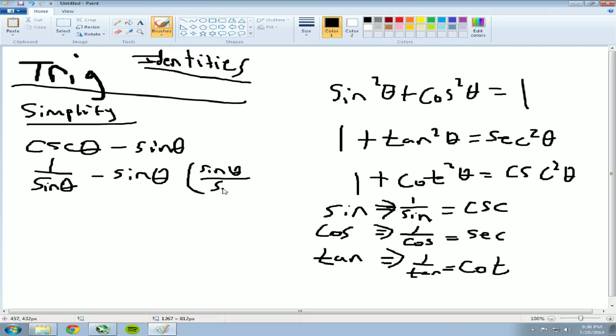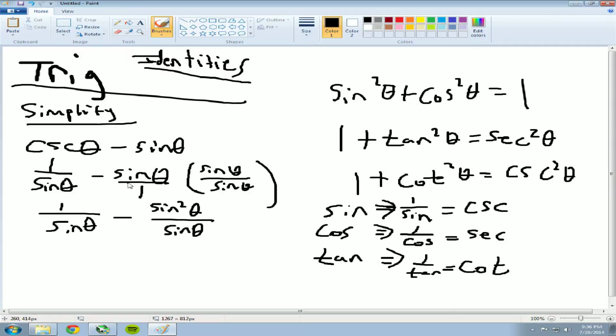And why we do this is to get common denominators. So what happens is you get 1 over sine theta minus sine squared theta over sine theta. And this is just sine theta times sine theta, sine squared over sine. Remember, when you multiply fractions, you multiply tops and bottoms. Now when you put this together, you get 1 minus sine squared theta over sine theta.